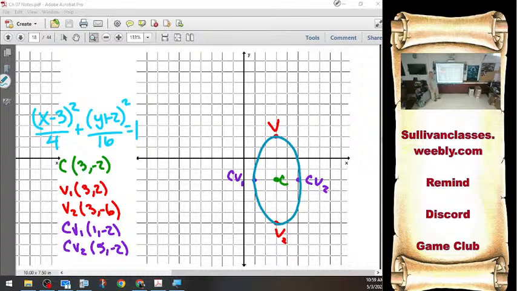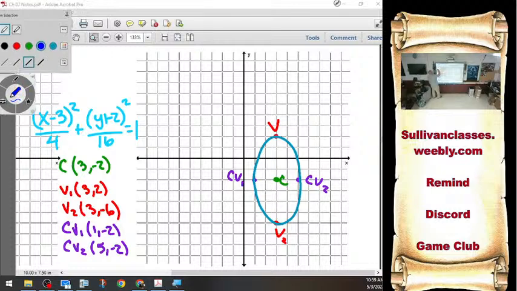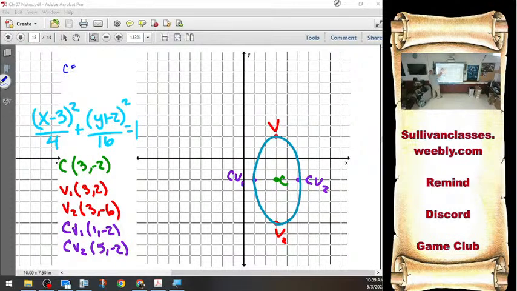What am I missing? Foci. I've got a pair of foci. And to do that, I'm going to find c is the square root of a squared minus b squared, which is the square root of 12, which is 2 root 3. So square root of 12 is about how much?